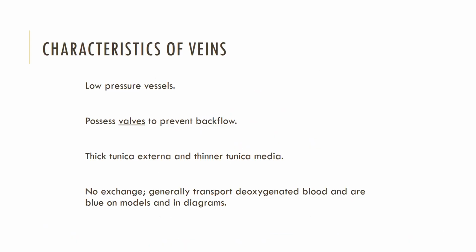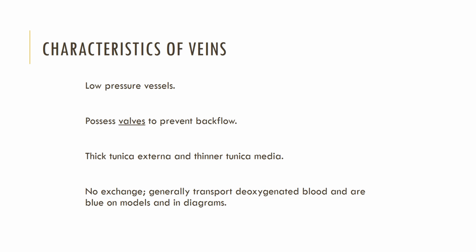The characteristics of veins are shown here. Veins transport blood towards the heart and again are generally labeled blue on models and in general transport deoxygenated blood. Veins possess valves which are formed from folds of the tunica interna and function to prevent the backflow of blood.